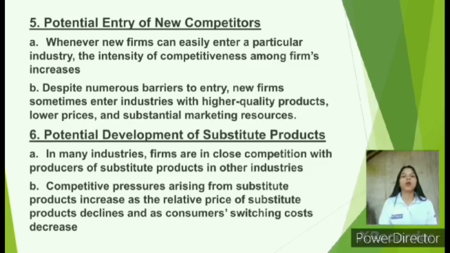Letter A. Whenever new firms can easily enter a particular industry, the intensity of competitiveness among firms increases. B is despite numerous barriers to entry, new firms sometimes enter industries with higher quality products, lower prices, and substantial marketing resources.